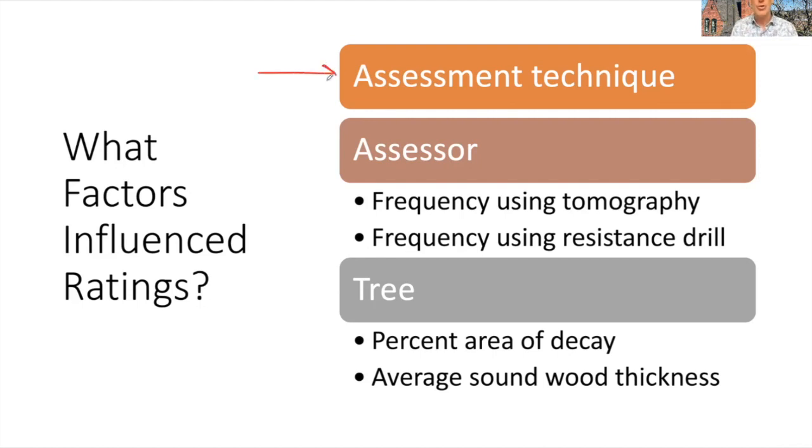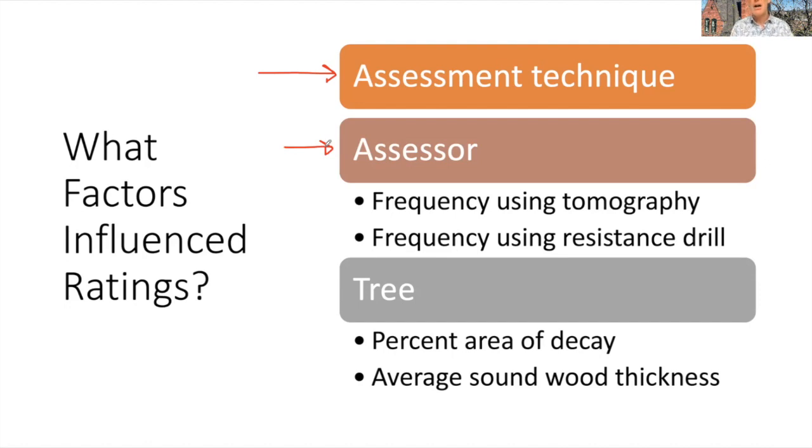What factors influenced likelihood of failure rating? So assessment technique, that was, again, visual, mallet, resistograph, tomogram, and consultation. The assessment technique influenced the likelihood of failure ratings that were assigned. What else? The assessors themselves influence.